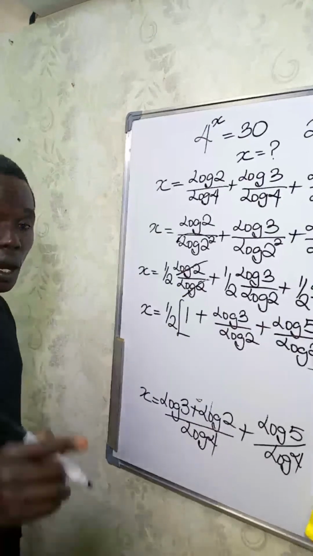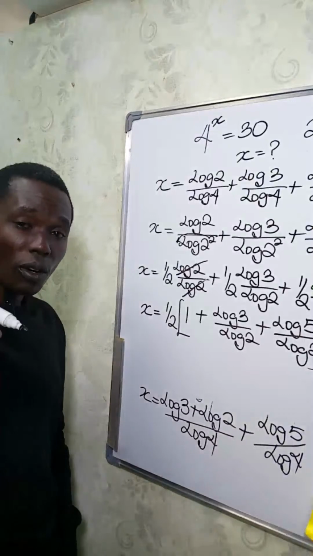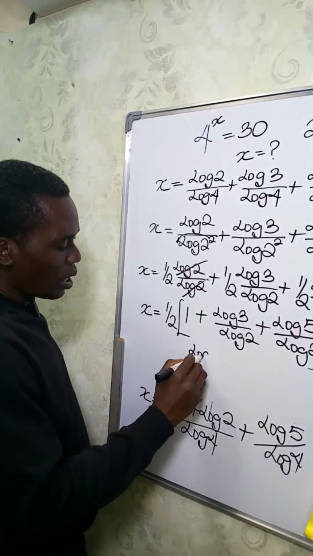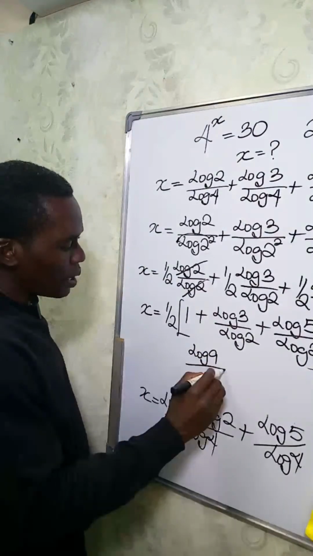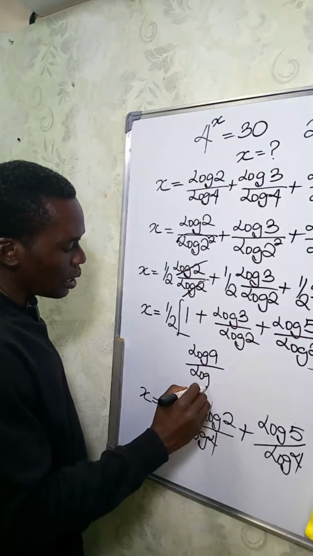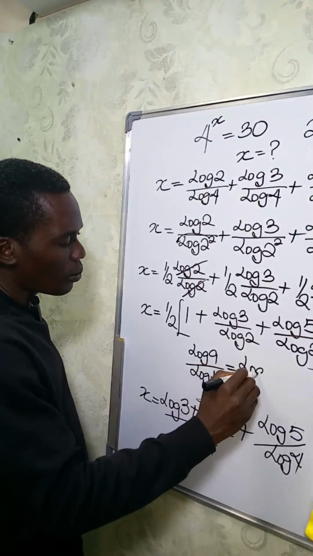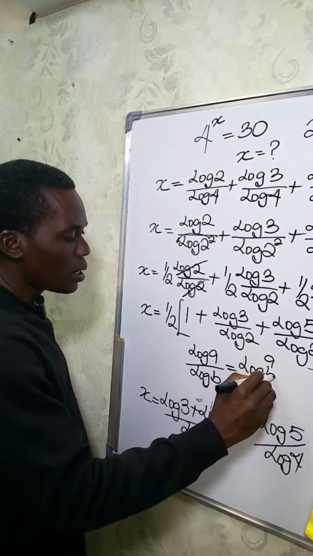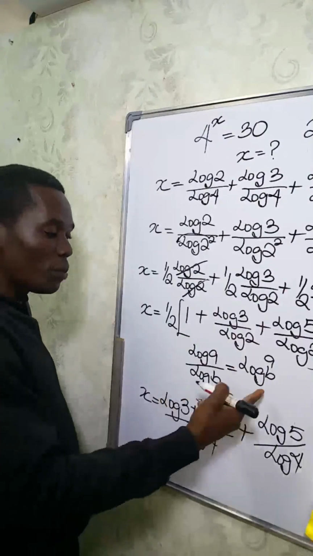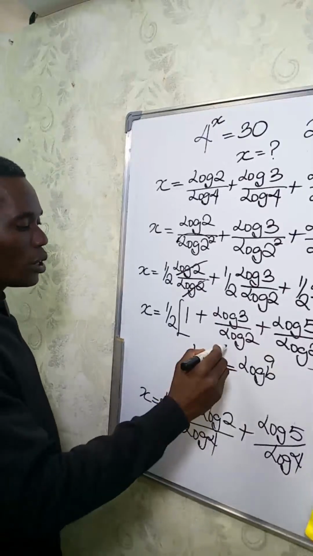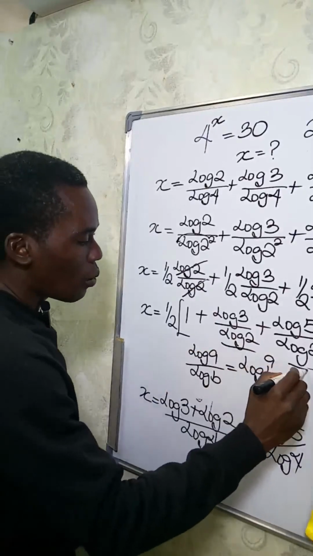Great. Now remember one great law of logarithm, that if I have the log of A divided by the log of B, this can simply give me the log of A base B, right? The denominator becomes the base, while the numerator becomes the log. Now I'm going to apply it here, and I'll equally apply it here.